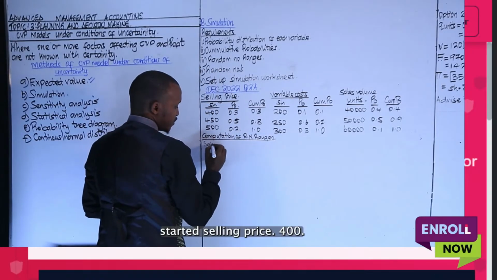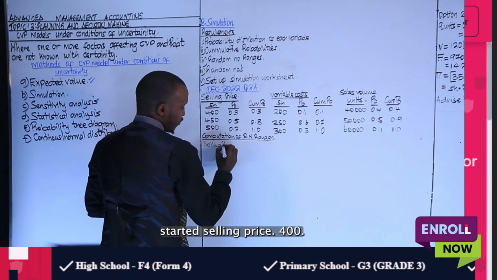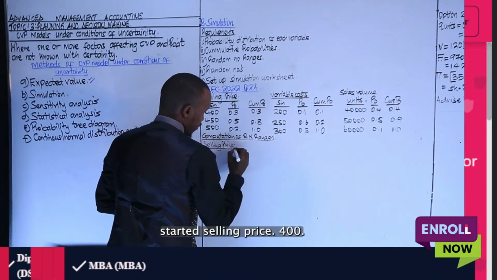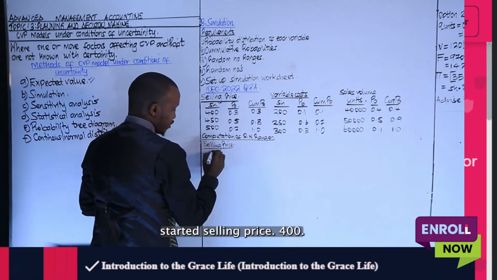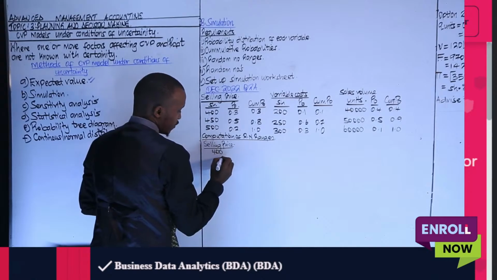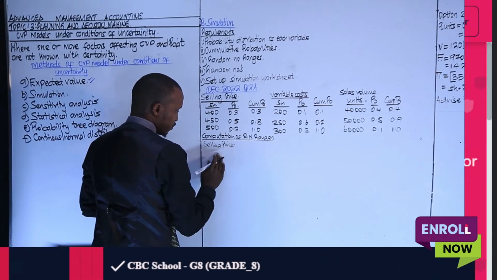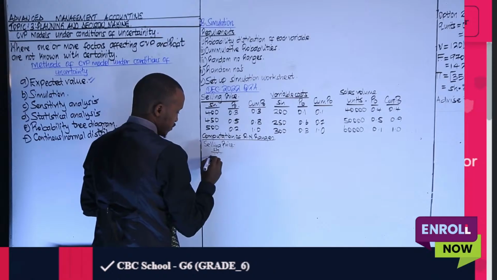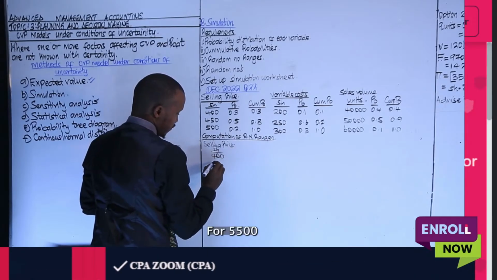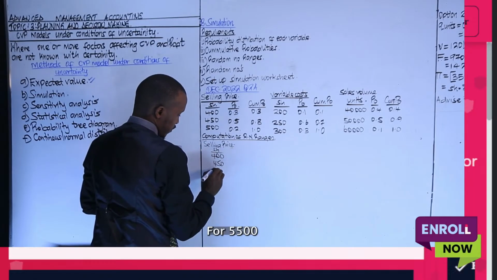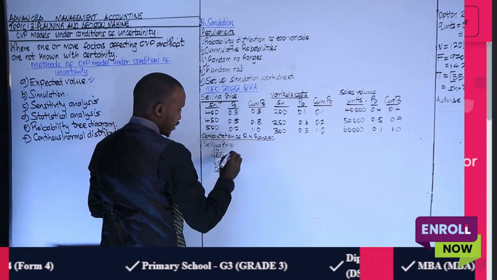Let's again start with selling price: 400, 450, 500.